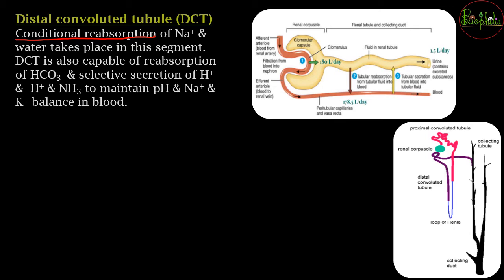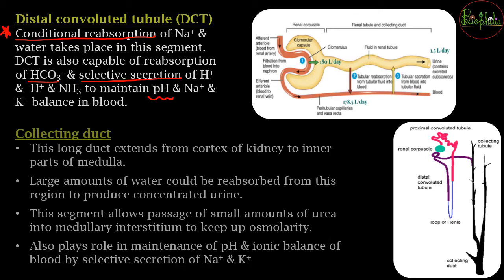So there is going to be selective reabsorption of ions, there can be selective secretion as well, so that the maintenance of pH and the acid base balance is maintained over here. So that is about the DCT. Very important to remember, that is the conditional reabsorption, whereas maximum absorption is going to take place in the case of PCT. The last part, that is the collecting duct.